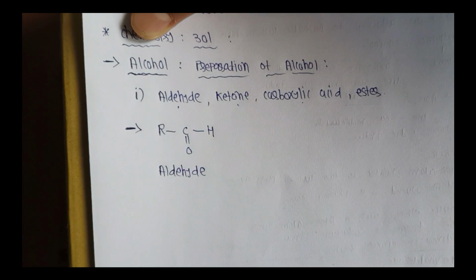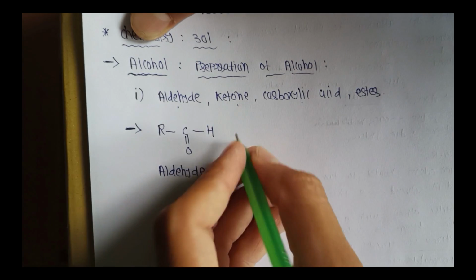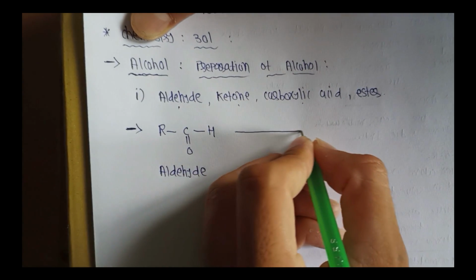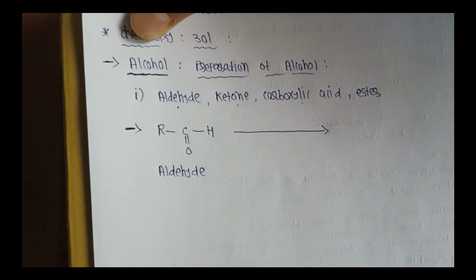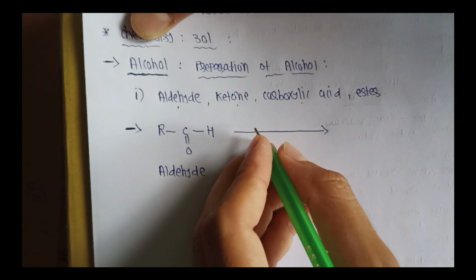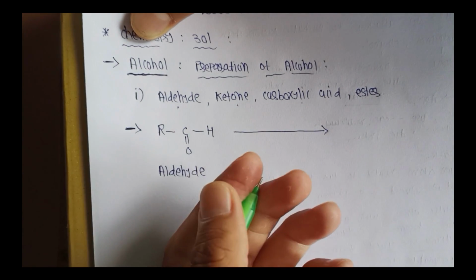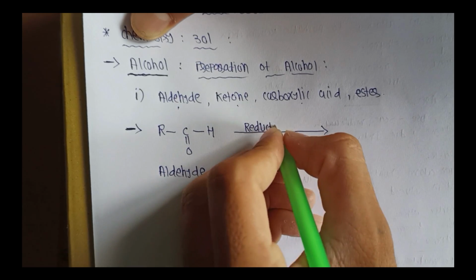R means alkyl group. To prepare alcohol from aldehyde, generally the aldehyde is reduced. This is a reduction.